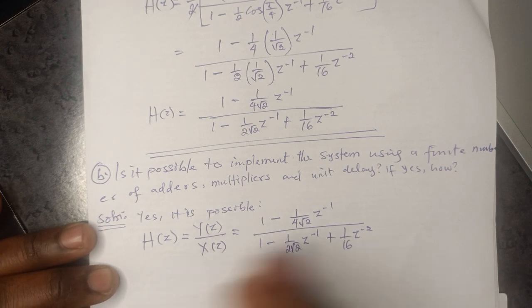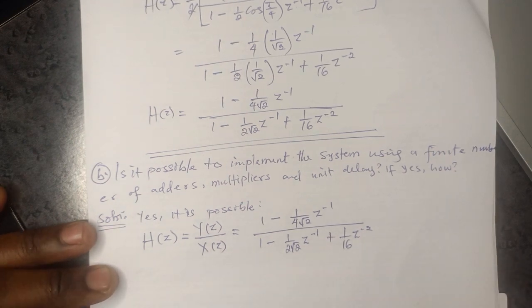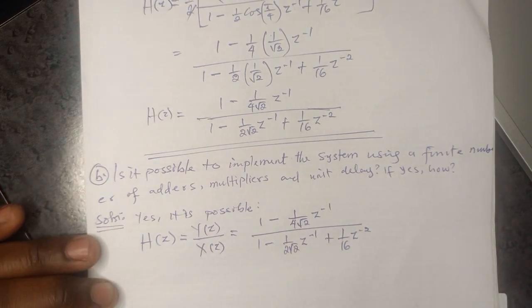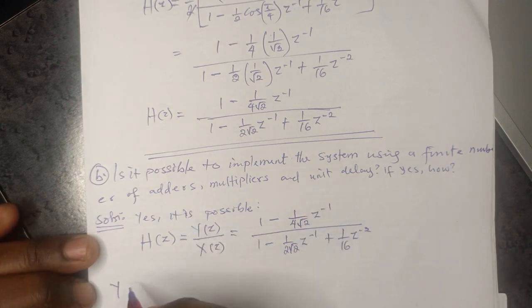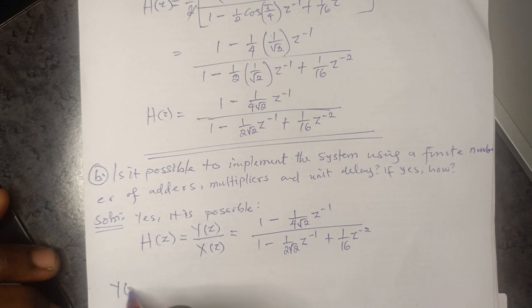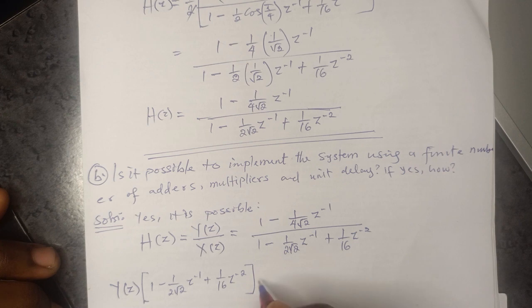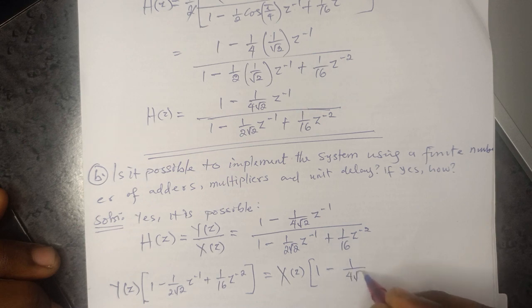So what we just need to do at this point is to cross multiply, so that our Y of z will multiply 1 minus 1 all over 2 root 2 z raised to the power minus 1 plus 1 over 16 z raised to the power minus 2, and our X of z will multiply 1 minus 1 all over 4 root 2 z raised to the power minus 1.